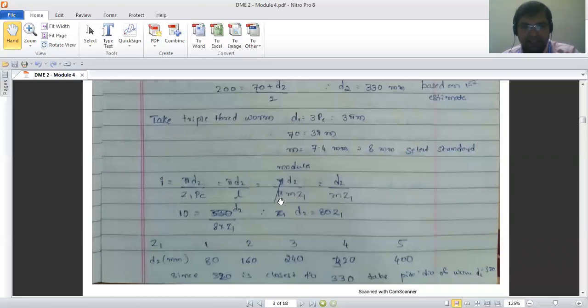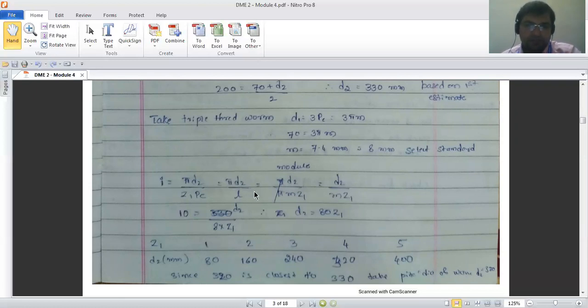So pi gets cancelled, D2 by m Z1. When you have the relation between i, D2 and m Z1, you just substitute all the values. You can get D2 in terms of Z1. So D2 equals 80 times Z1. This relation we can build using this formula.